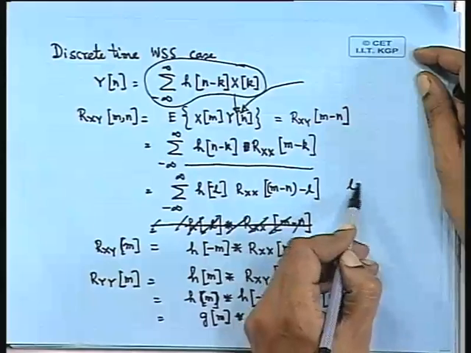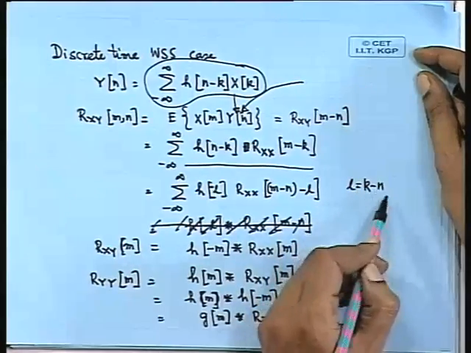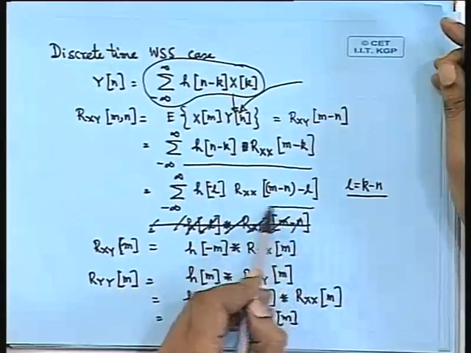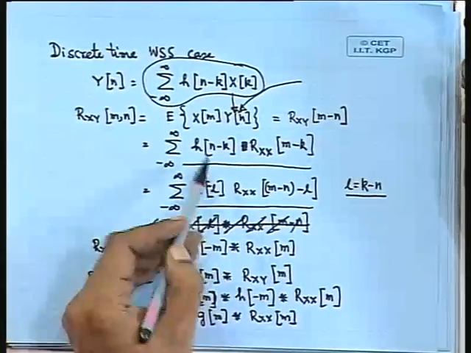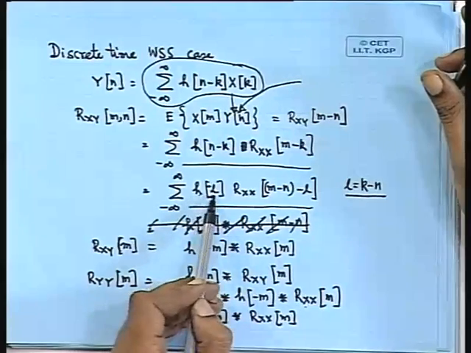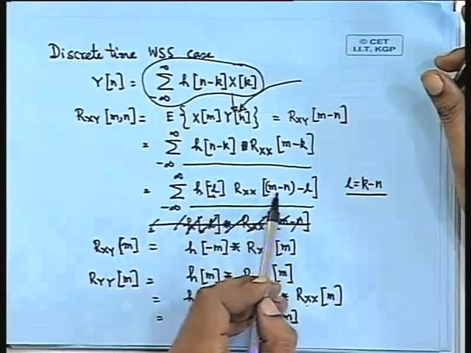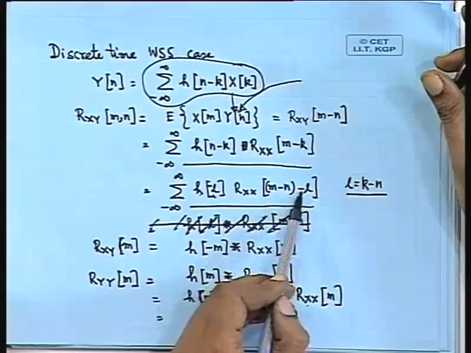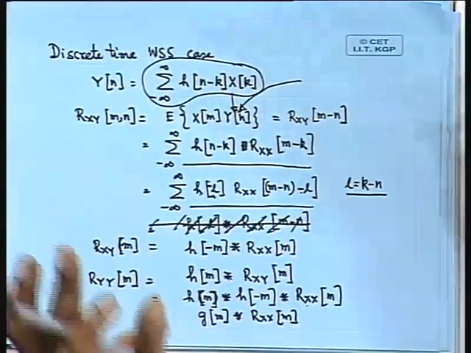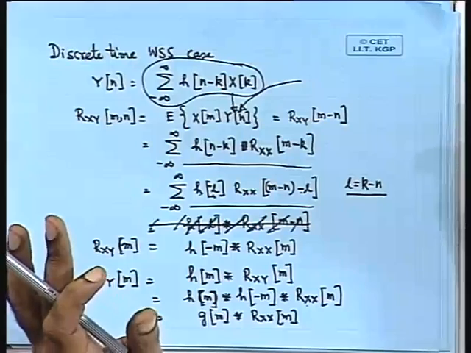So it turns out that this is going to be your Rxy, and if you just play with the indices, for example if you define L is equal to k minus n, then just by switching indexes you will have h of minus L, and m minus n minus L. Why am I doing it? I am doing it because I want to get it into a beautiful form which you will remember easily.